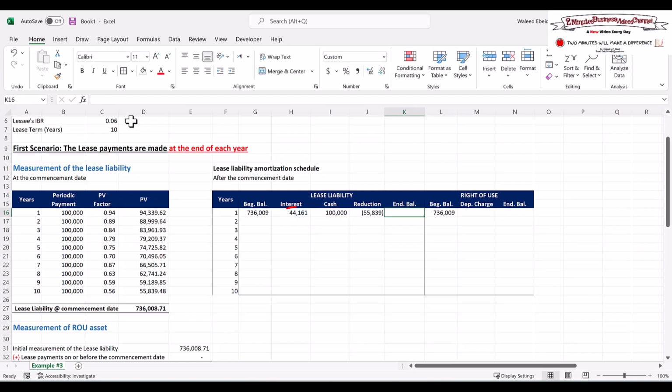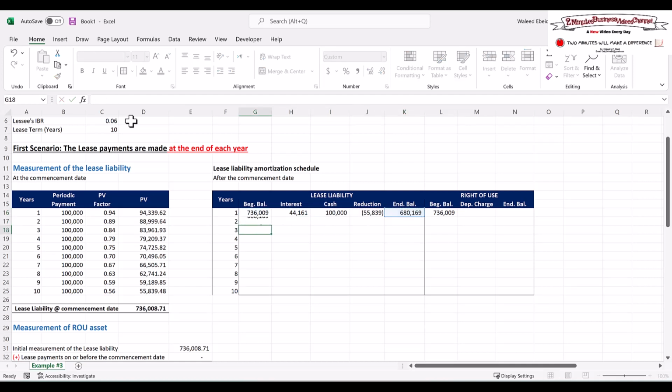The interest charge is $44,161, and that charge increases the carrying amount of the lease liability. The lease payment of $100,000 decreases the carrying amount of the lease liability, which means that we have a net decrease of $55,839. And this is the carrying amount of the lease liability at the end of year 1.